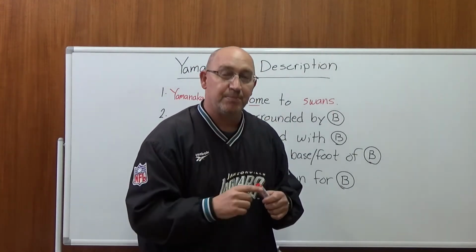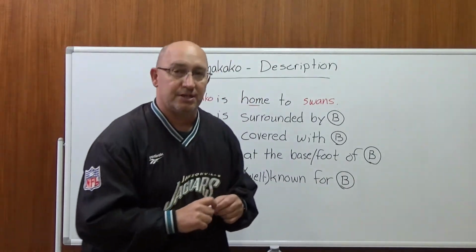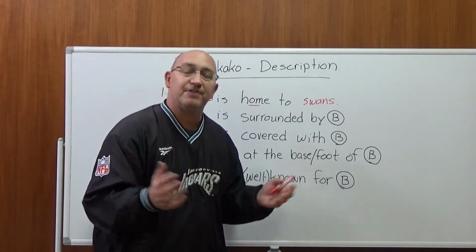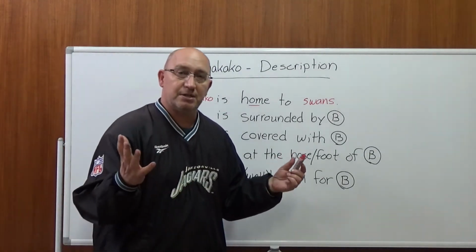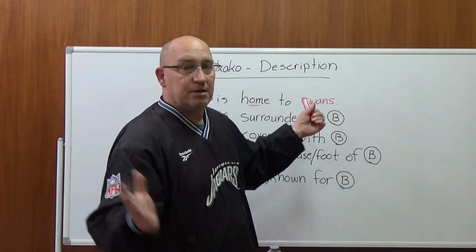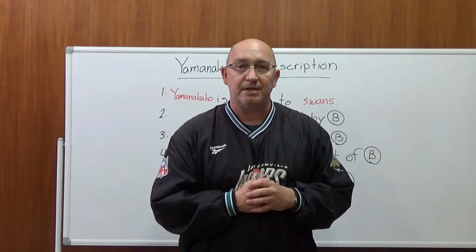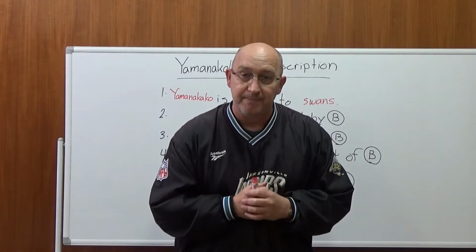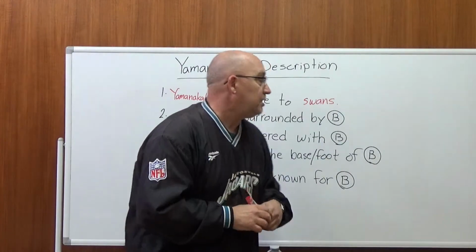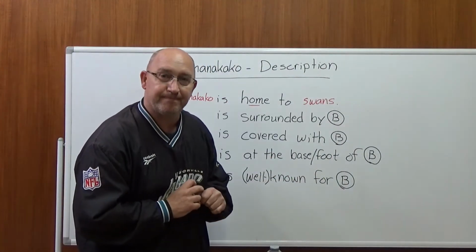The white birds in Lake Yamanaka, they're called swans. Of course, swans live here. So, Yamanakako is home to swans. Now, you can change swans to any animal name. You can change it to any flower name or tree name. So, Yamanakako is home to something.